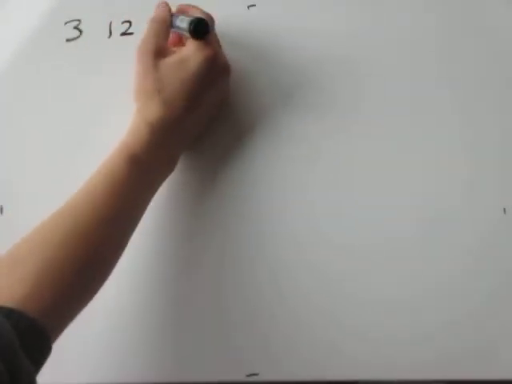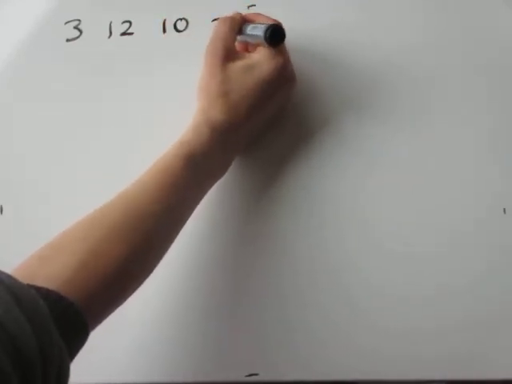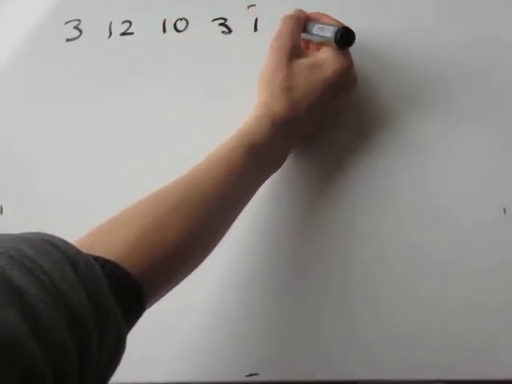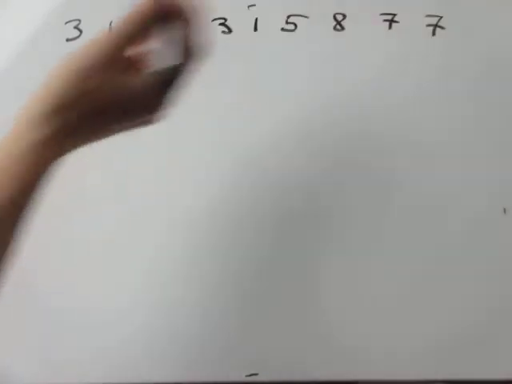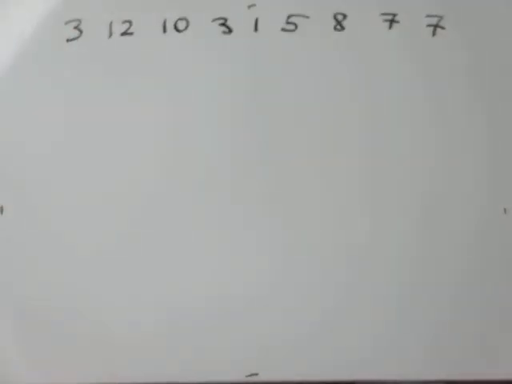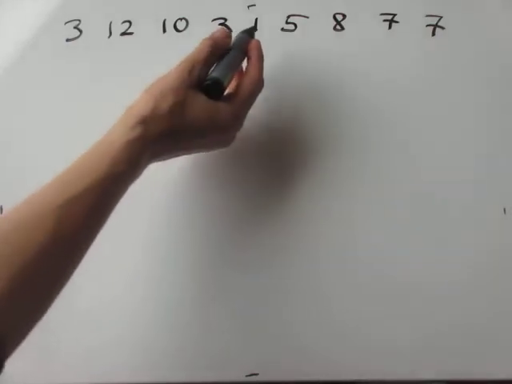So now we're going to look at how to measure the spread of data, and we'll start with an example. So if we have the data 3, 12, 10, 3, 1, 5, 8, 7, 7, as usual we start by sorting the data in order.